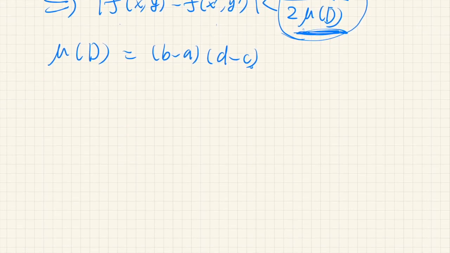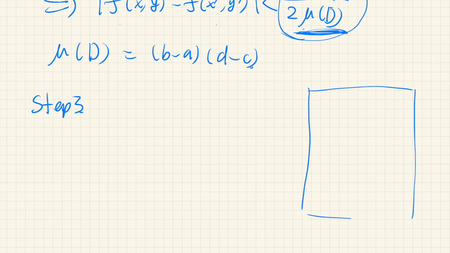And step 3. Now we consider the partition of the region D. So this is D, and suppose this is a null set A, on which the function is not continuous.